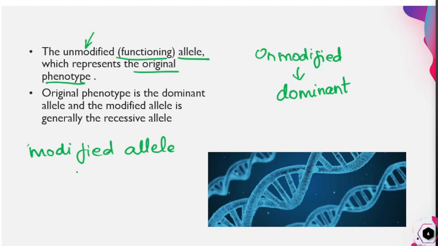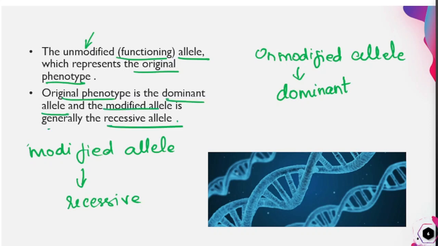The original phenotype is unmodified, so it is the dominant allele. The modified allele is generally the recessive allele. Clear? These are the important concepts you have to remember here. Not much, easy only.